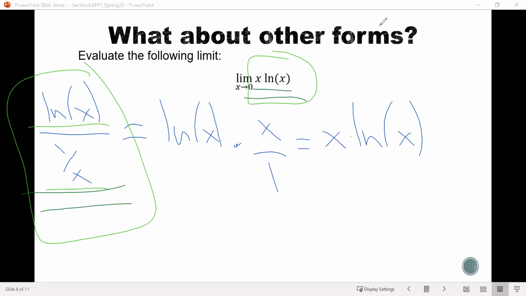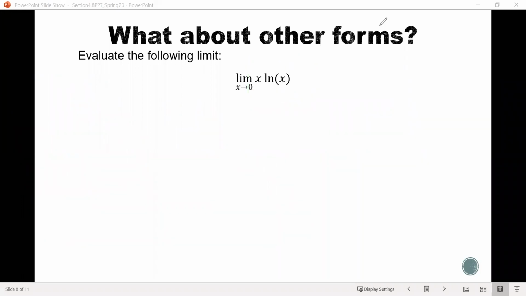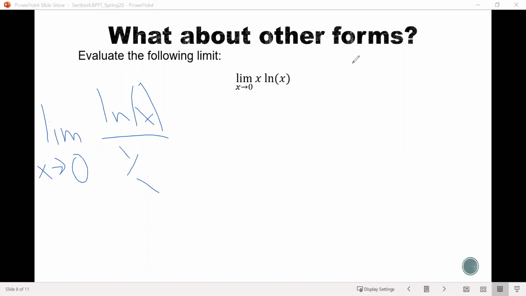So what I can do then is rewrite the limit as x approaches 0 of ln of x over 1 over x. And notice here I can't actually plug in 0 either. We get an indeterminate form in both cases because for both the top and the bottom function, 0 is not in their domains. So we use L'Hopital, we'll take the derivative of both the top and the bottom.